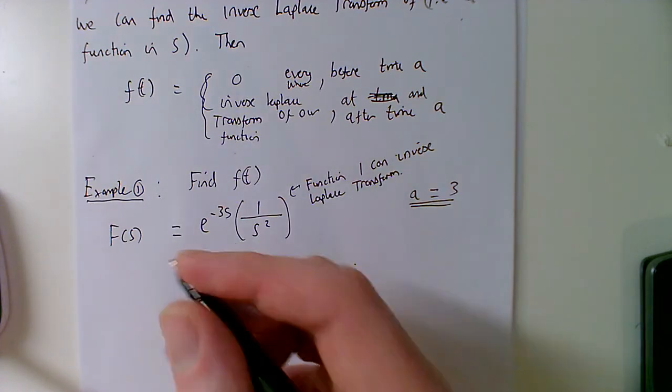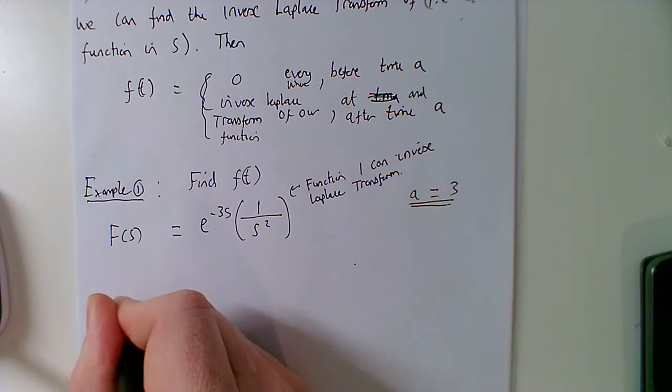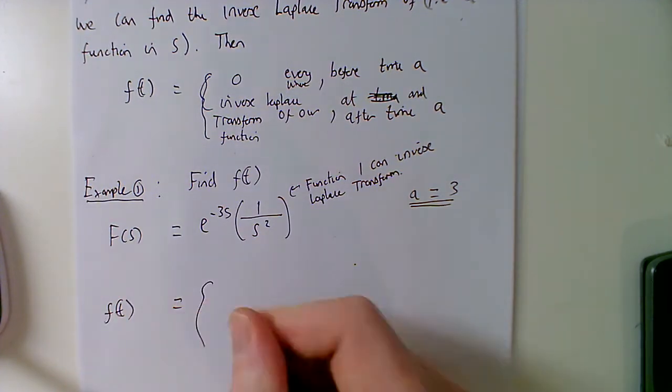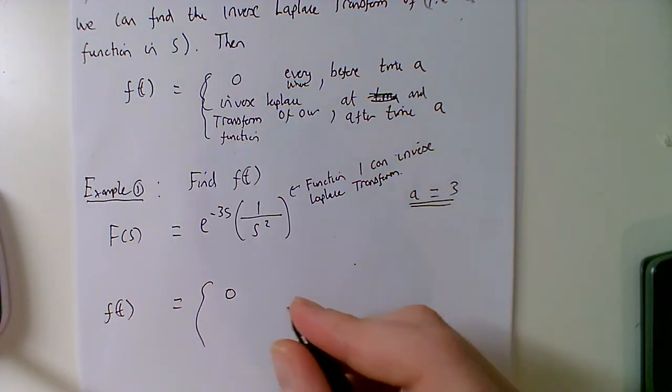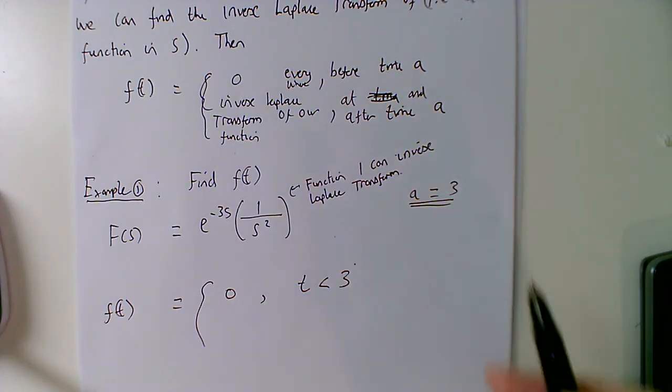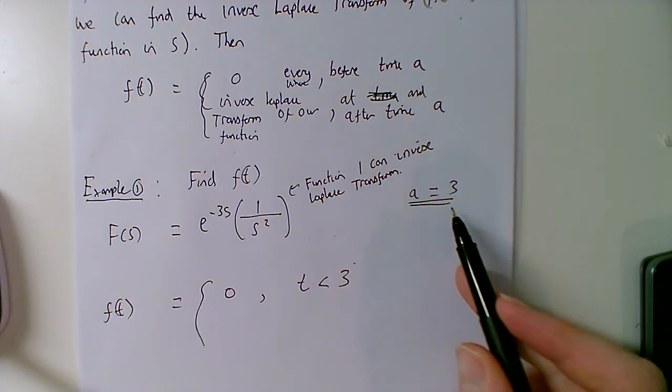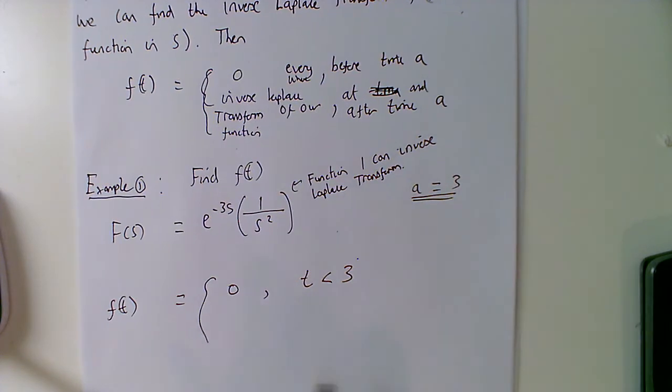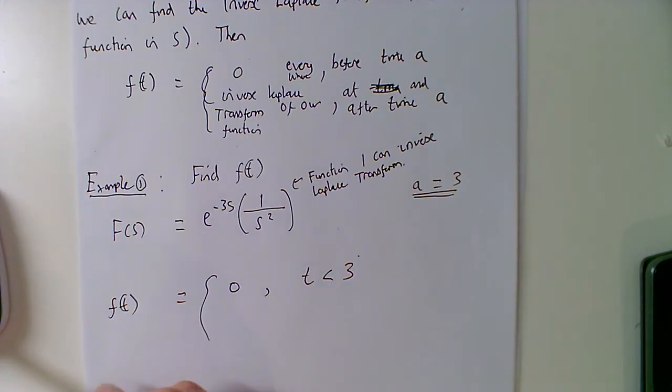So that means that f of t is 0 everywhere before 3. Okay? So that's what that means. Now I need to work out what was in here. So the inverse Laplace transform of 1 over s squared is t.